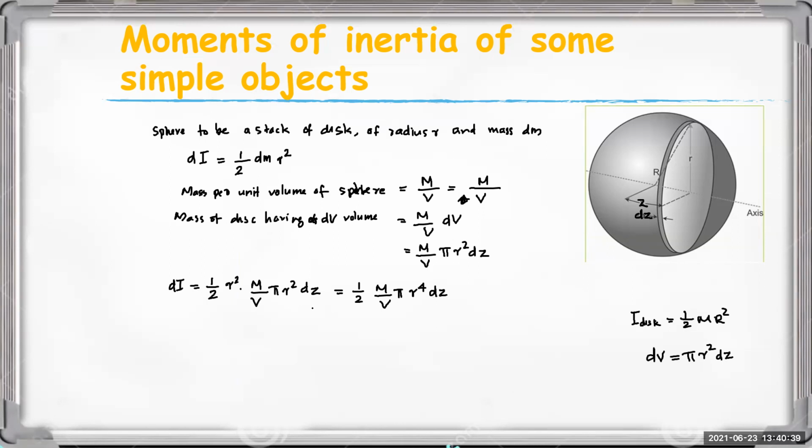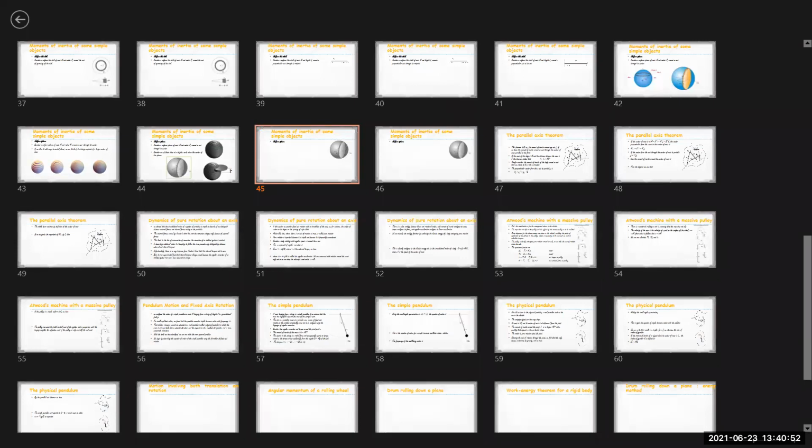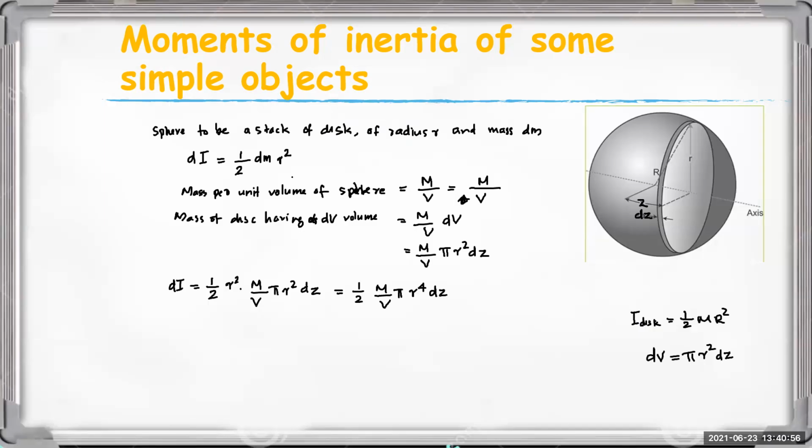Okay, so this is the moment of inertia of the ring. Then we have to find the total moment of inertia. What will be I?